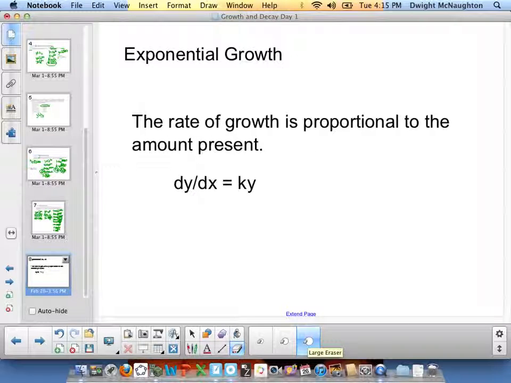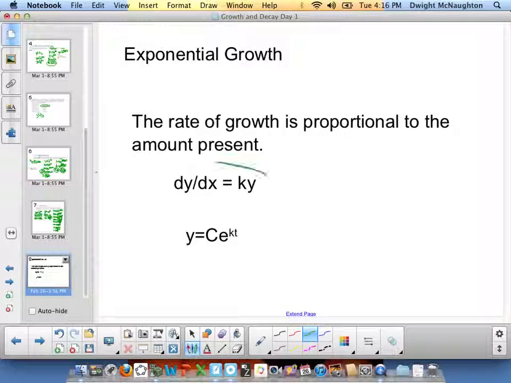If you solve this, meaning you separate your variables, get your y's on one side, your x's on the other, you will find that it simplifies down to the exponential growth and decay equation, y equals Ce^(kt), or some people have learned y equals Pe^(rt). Later we will see exactly how that simplifies to that.